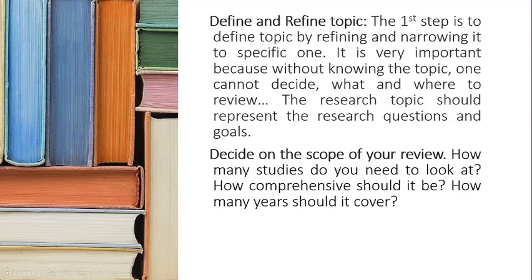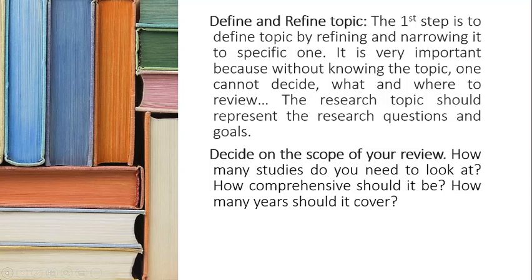Once the topic is defined, decided, and refined, we should move towards the next step, and that is deciding the scope of the literature. If you are unable to decide the scope of your literature, then you would be haphazard and your literature would not be specific.